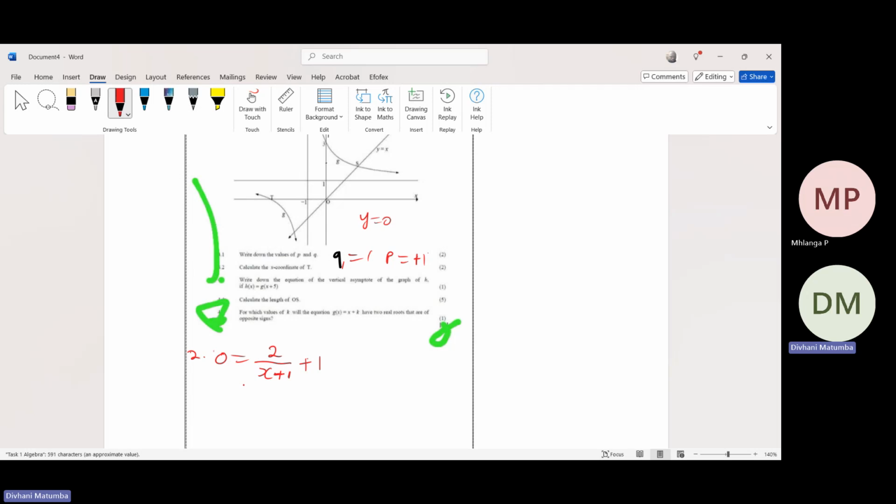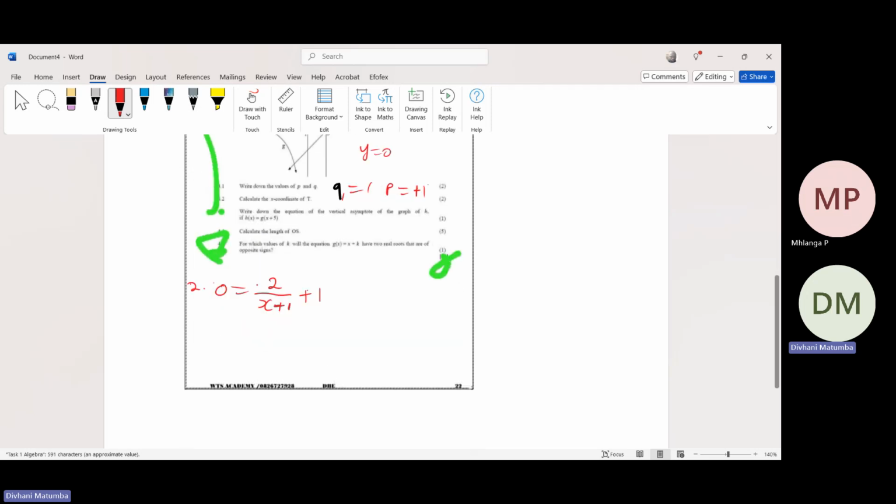If we can solve for the value of x, then we will have the value of x at point T.